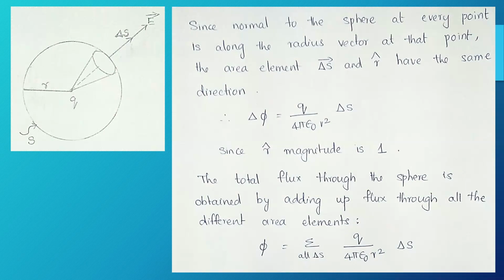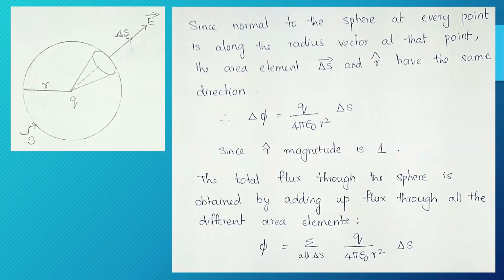Therefore, total flux phi is equal to summation, that is, we use the sigma notation here, sigma over all delta S of q by 4 pi epsilon naught r square into delta S. To find the total flux, we are adding the flux through each and every small area. And finally, all areas together will form the surface area of the sphere. Therefore, we get the total flux.